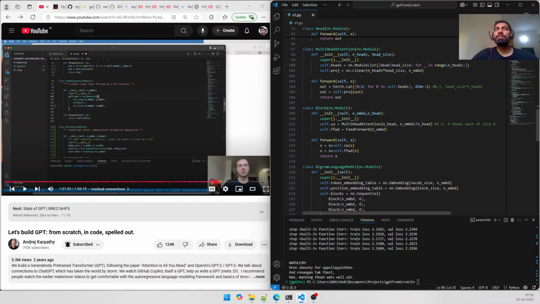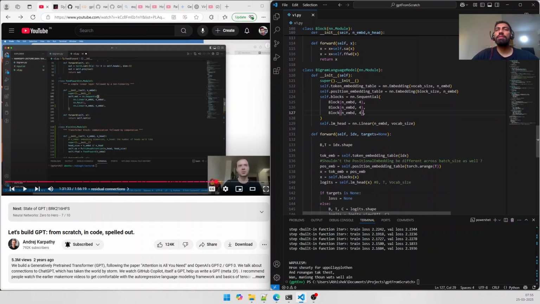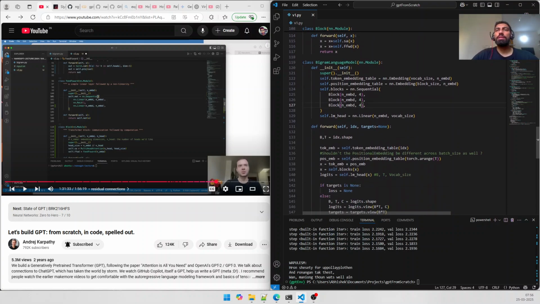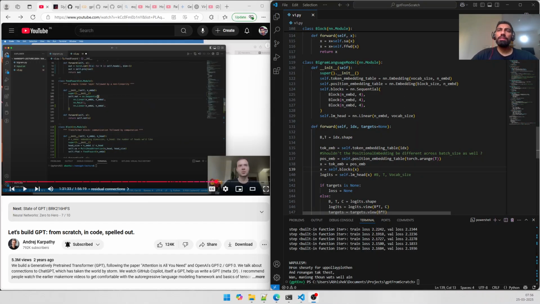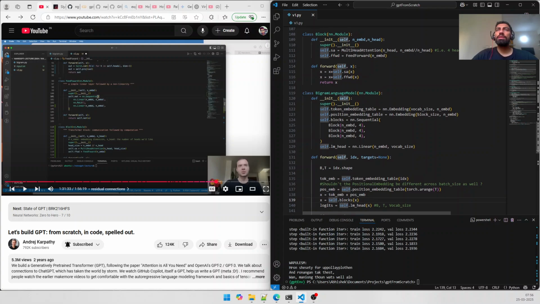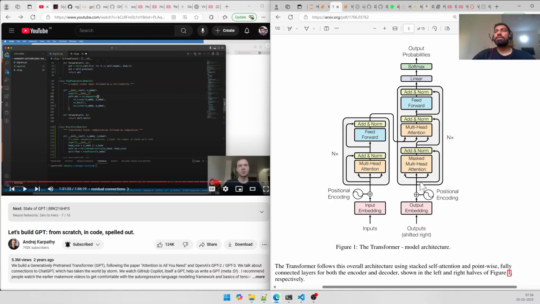Okay, x plus block is happening here. That is one thing. In the block now we have self attention and feed forward.